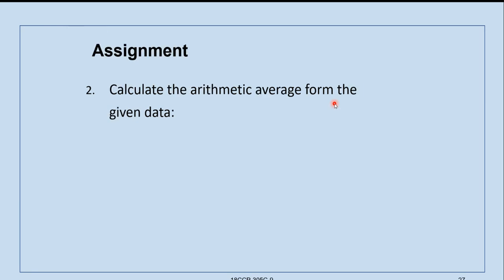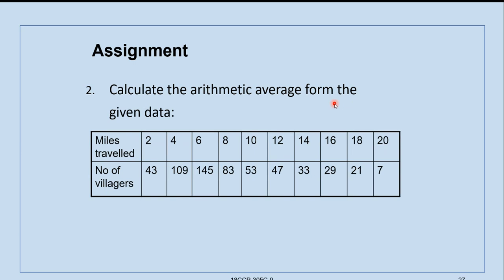In the second problem, we have taken another method. Here you can practice the direct method and the shortcut method also for all the assignments. All the assignments given you can use for direct method and shortcut method.